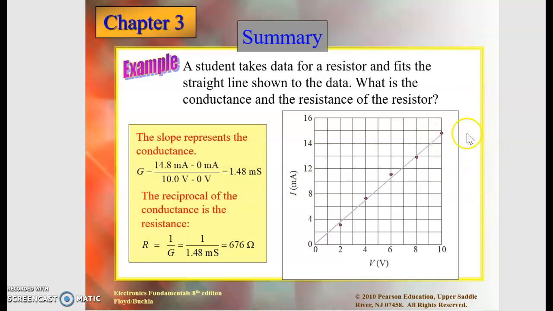Right here, something very interesting. We can find the resistance by finding the slope of the IV curve. We have voltage on the x-axis and current on the y-axis. So how do we do this?